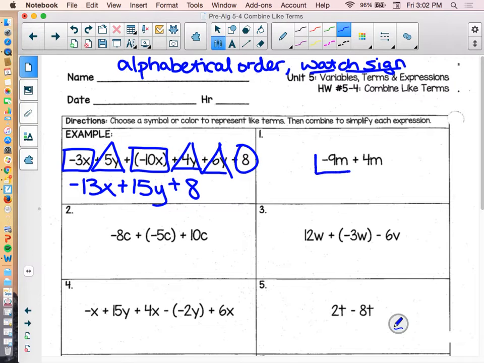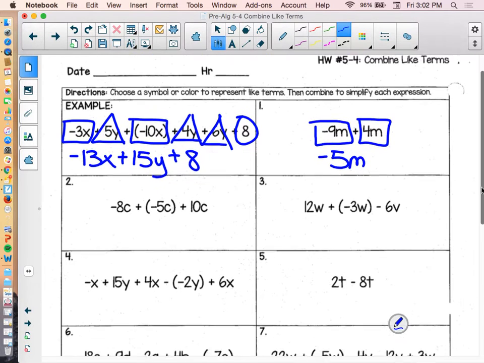If I try to do this one with you, again, different signs I have to subtract, but they have the same shape because they're both m's. So I have negative 9 plus 4 is negative 5, but I have to write the m. Notice the number is always before the letter. Okay, one last thing to note. As I said before, always do alphabetical order.